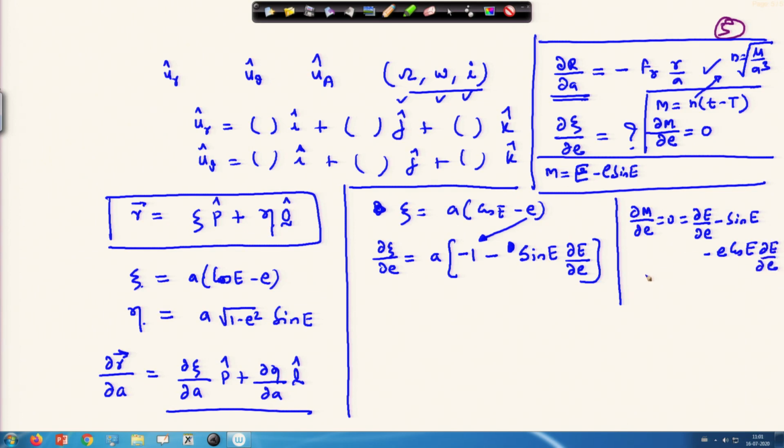We combine the terms together and write it. So from here we have ∂E/∂e times (1 − e cos E) equal to sin E with a minus sign.